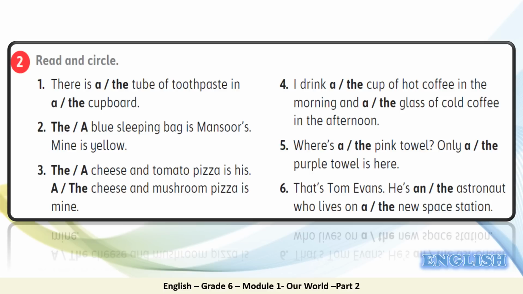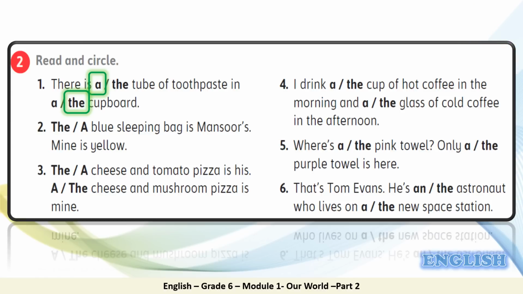There is a or the tube of toothpaste in a or the cupboard. So the answer is, there is a tube of toothpaste in the cupboard. Thank you. Now pause the video till you finish this exercise.